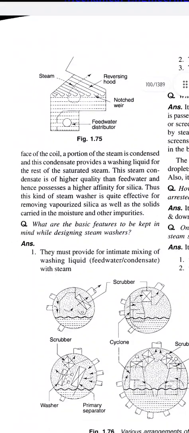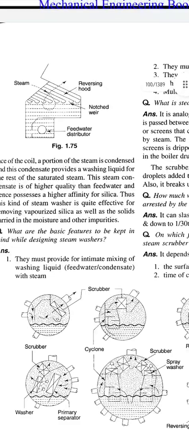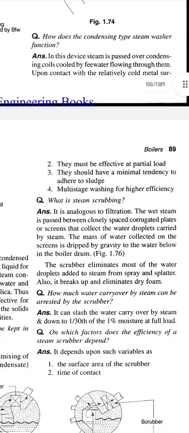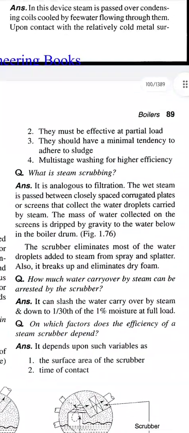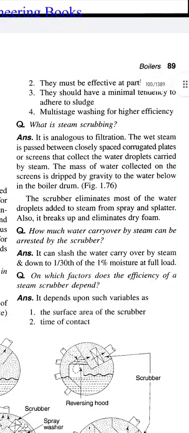Next question, what are the basic features to be kept in mind while designing steam washer? Answer, they must provide for intimate mixing of washing liquid, feed water condensate, with steam. They must be effective at partial load. They should have a minimal tendency to sludge. Multi-stage washing for higher efficiency. Question, what is steam scrubbing? Answer, steam scrubbing is analogous to filtration.